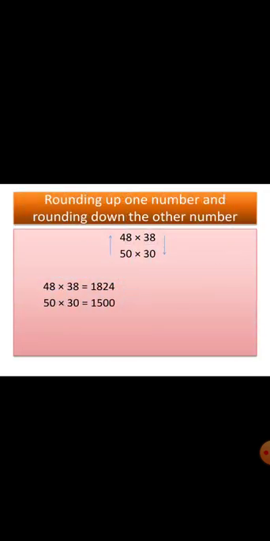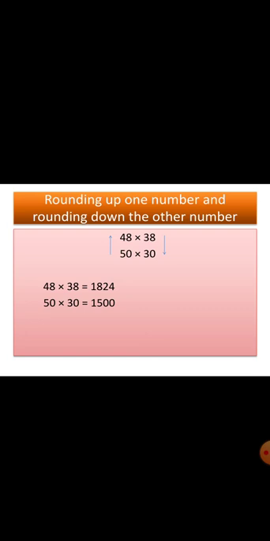The next topic is rounding up one number and rounding down the other number. The question here is 48 into 38. So the number 48 in the 10 series will come between 40 and 50. And 48 is closer to 50, and we are rounding off to 50.